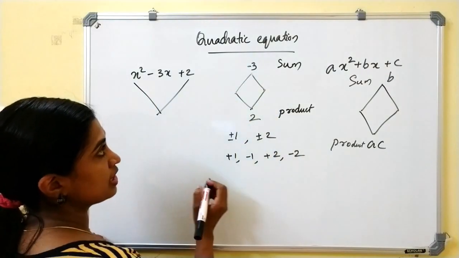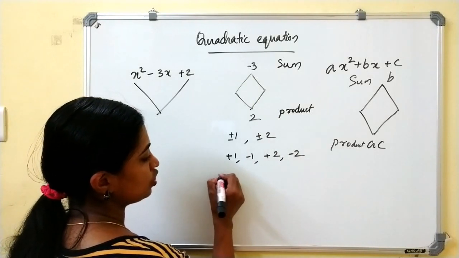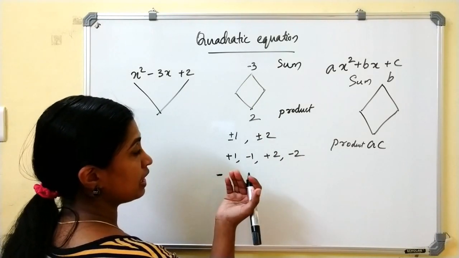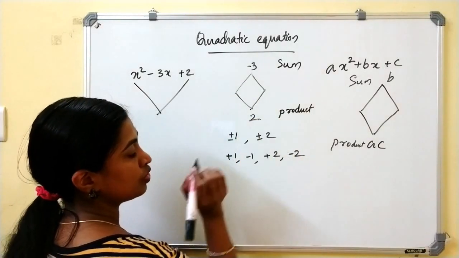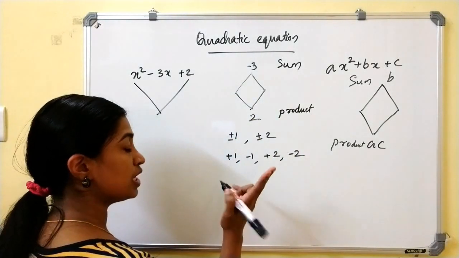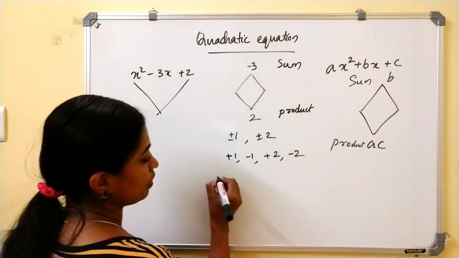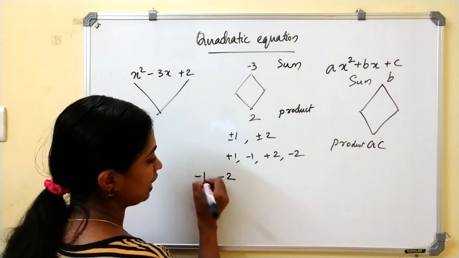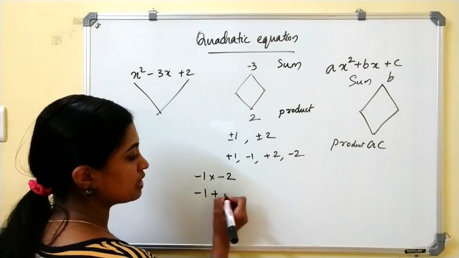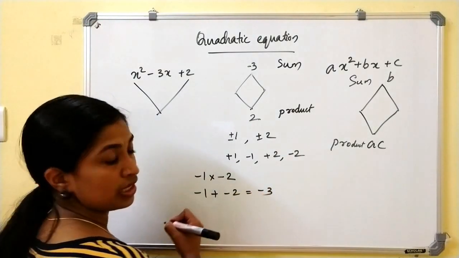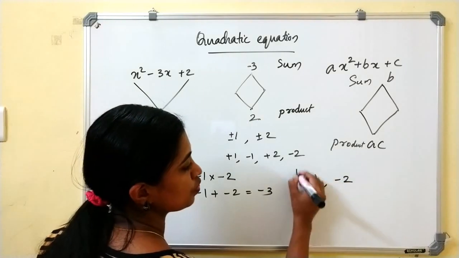So, in order to get the sum as minus 3, one of the signs should be minus, and in order to get this product as 2, the sign should be either both positive or both negative. But the sum should be negative. So, the possible choice is minus 1 into minus 2. Minus 1 into minus 2 is 2 and minus 1 plus minus 2 is minus 3. So the possible choice is minus 1 and minus 2.